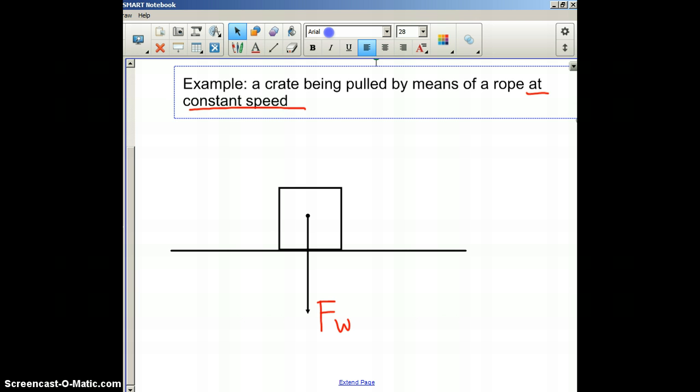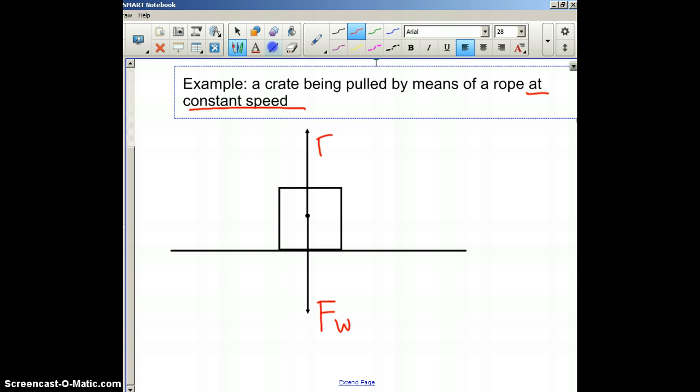Since weight acts downward, the normal force will point upward. Normal means perpendicular, and this force is perpendicular to the ground. We'll label this force Fn, or normal force. And again, we know that they are equal and opposite because the crate is not accelerating down toward the center of the earth, and it's not accelerating upward into the sky. In the vertical plane, it's at rest.